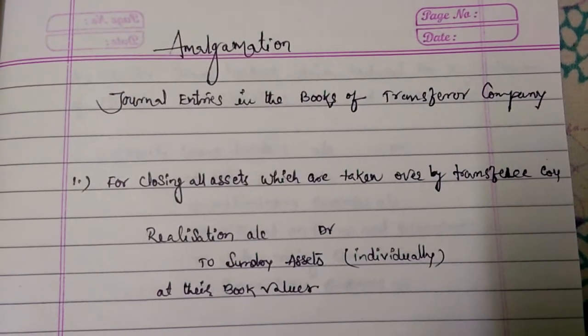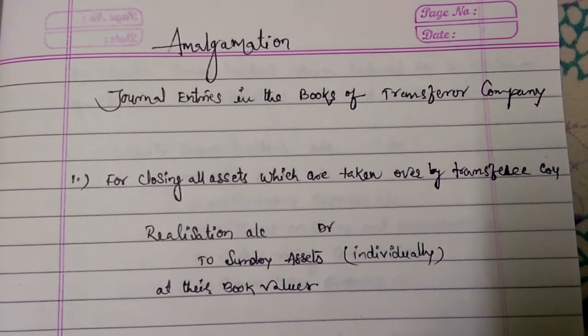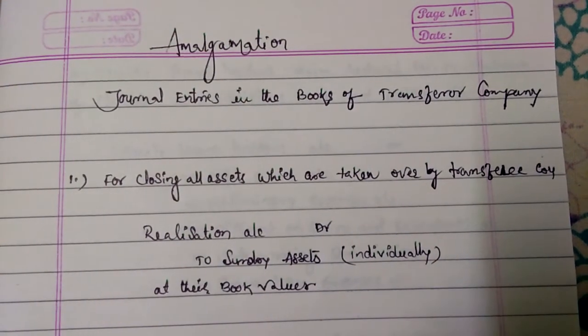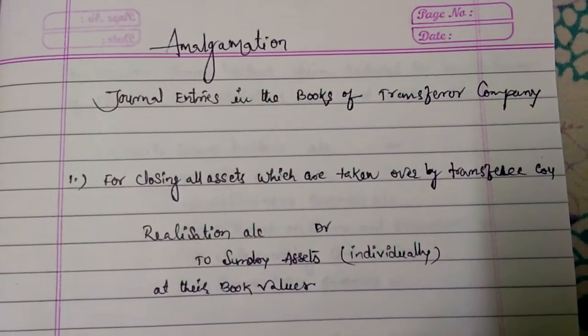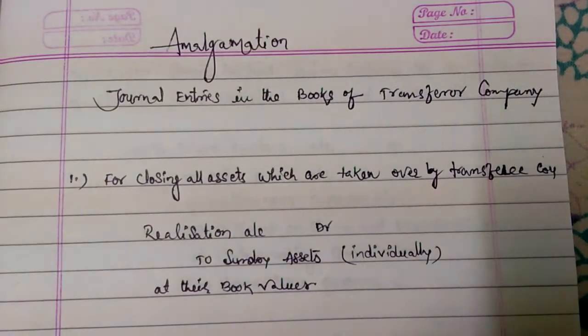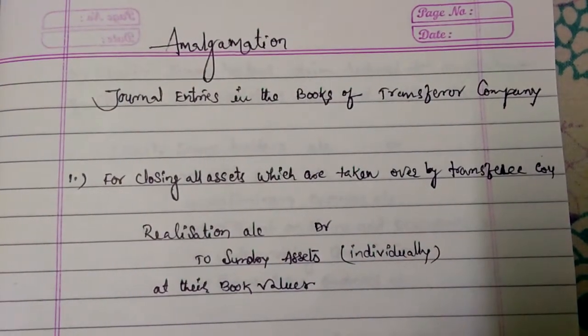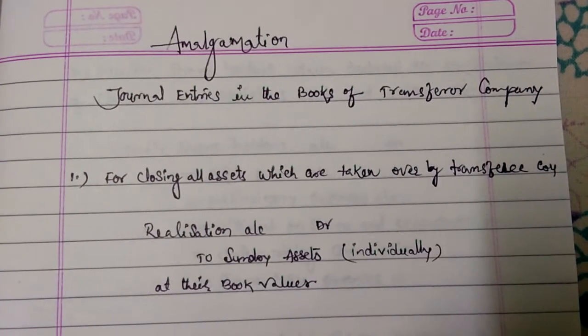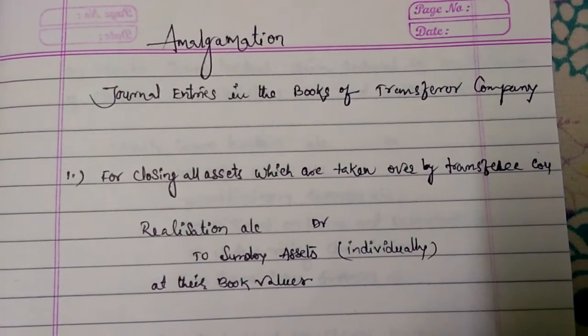Actually, the realization account was introduced in partnership accounts, so the same procedure will be followed for amalgamation also. However, we are giving the total journal entries for the transferor company.